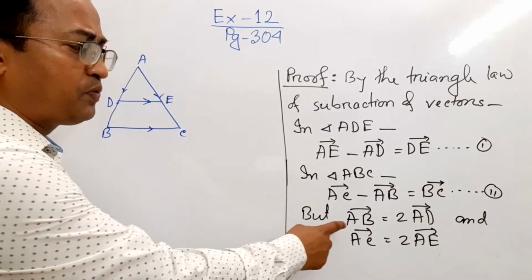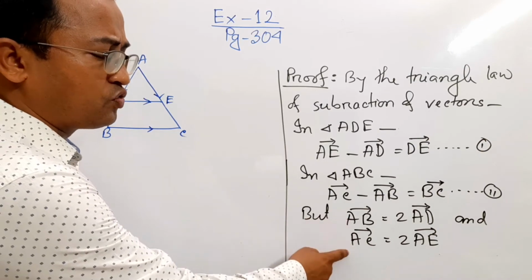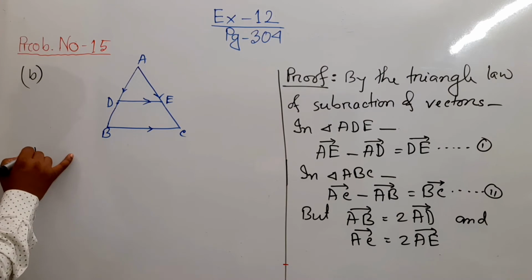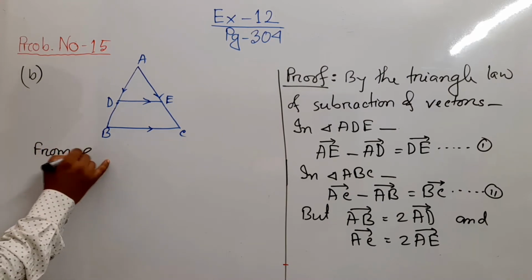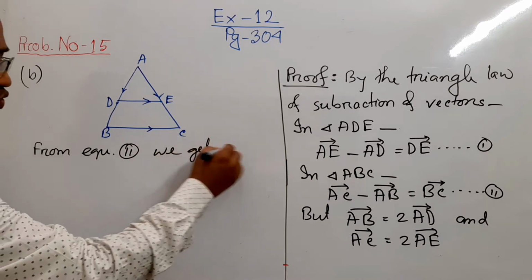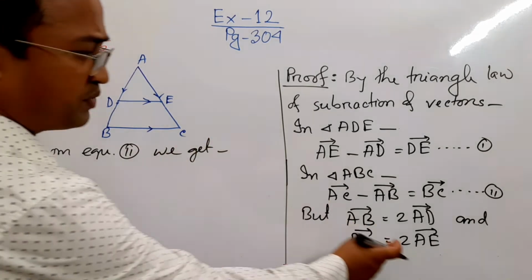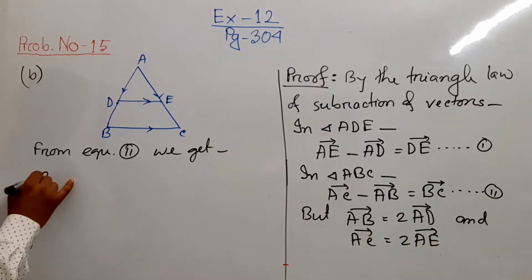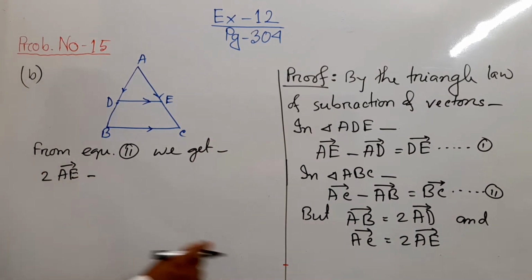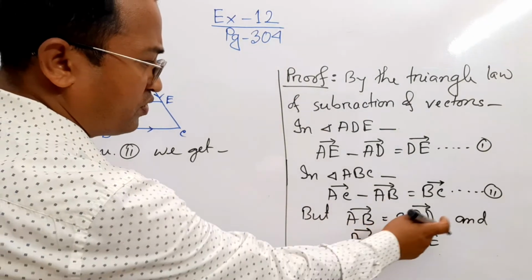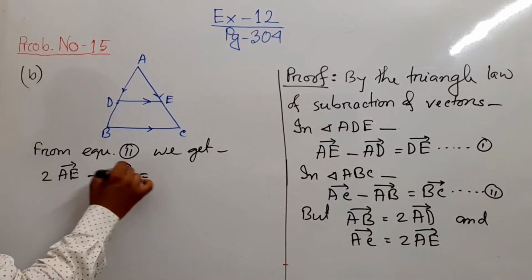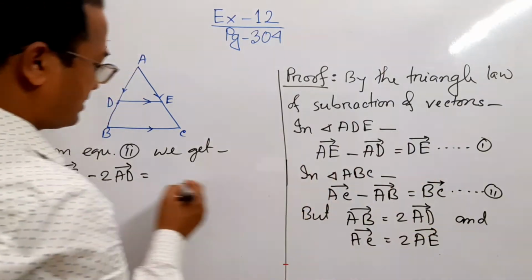Now, if we put the values of these two in equation number 2, we get AC, that means 2 vector AE, minus AB, that means 2 vector AD, is equal to BC.